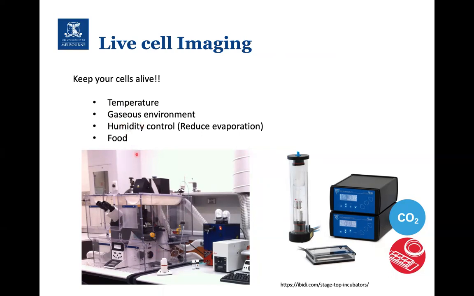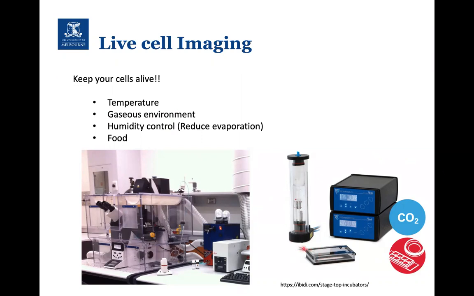Very often you'll find microscopes have little environmental chambers which will go just around your sample. This is very often to control the gaseous environment. So your cell incubator normally has 5% CO2 in there. That's to maintain the pH balance in your sample, so we want to do that on the microscope as well.